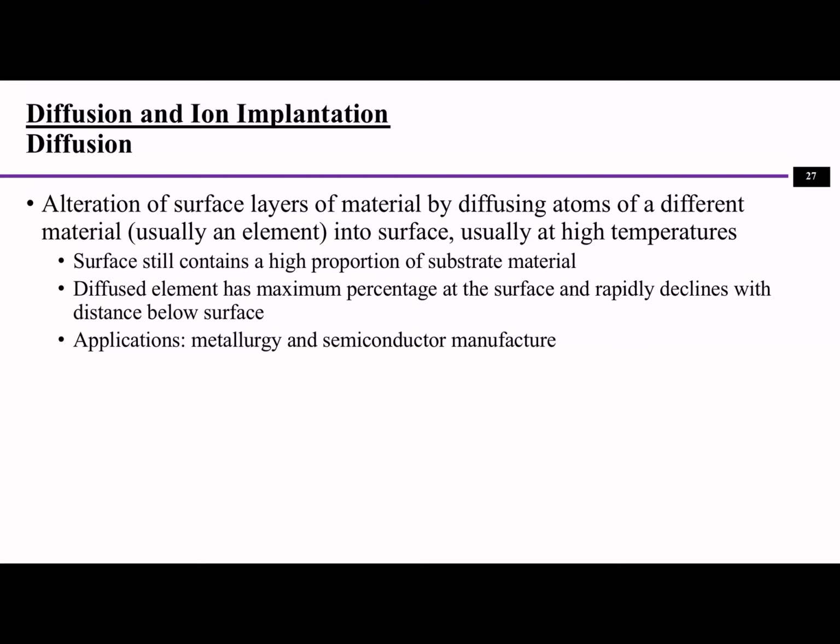So the further you get below the surface, the percentage of the diffused element will decrease. Some of the typical applications for diffusion are metallurgy processes, and also semiconductor manufacturing.